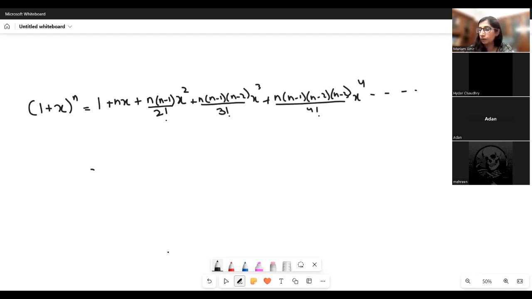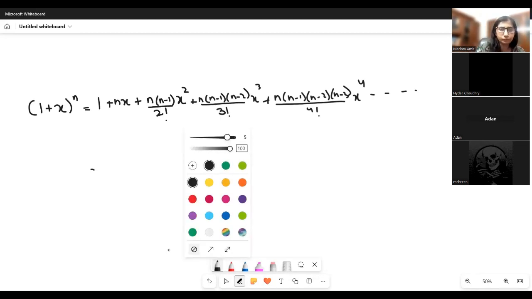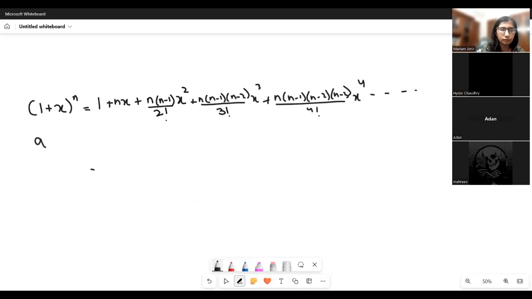Okay, now let's do a couple of examples. Let's expand part A, (1 plus 4x) power half. Power is a fraction.